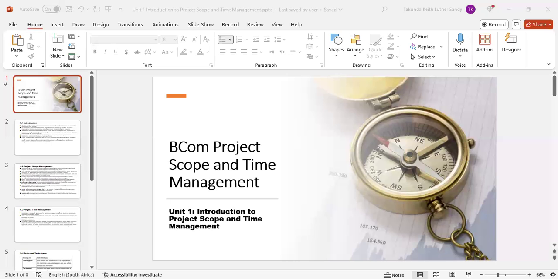On project network diagrams, we look at the nomenclature, where we define what an activity is, what a burst activity is, what a merge is, and things alike. Those are nomenclatures that you find on project network diagrams. And then we also look at the 2 approaches that we use to draw up network diagrams, and things alike.